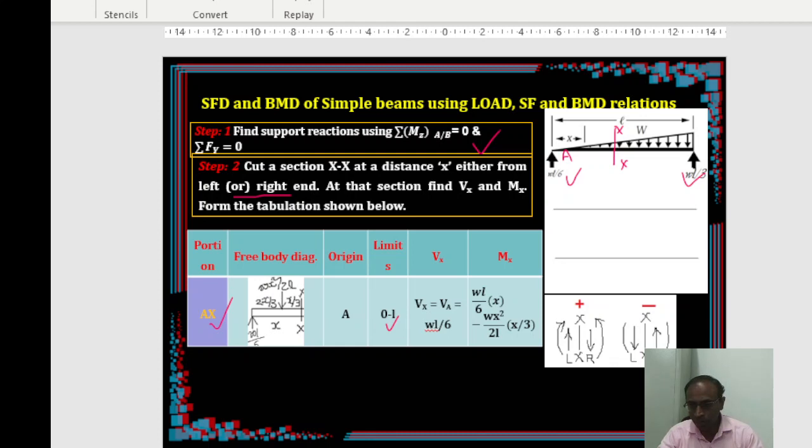Then your shear force will be Vx equal to, we are calculating shear here, whatever the vertical forces are till that point x, you simply add. So WL by 6 here, and the conversion of the UDL up to this section. This is our section, right?